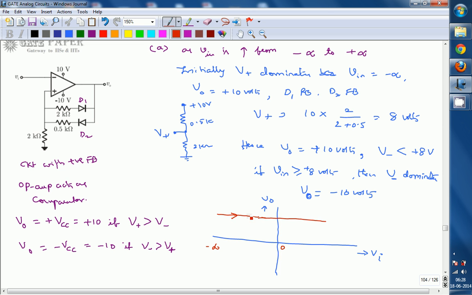As the input signal increases, it will stay at plus 10 until it reaches plus 8 volts. Afterwards it will go to minus 10 volts. The output voltage will be at minus 10 volts. This is what the circuit diagram gives you.